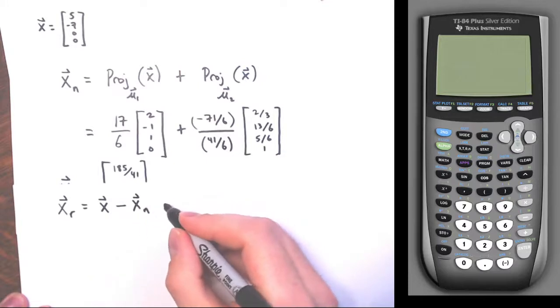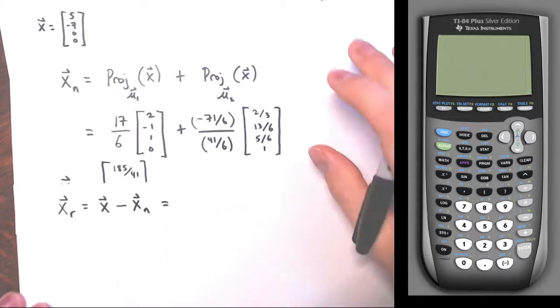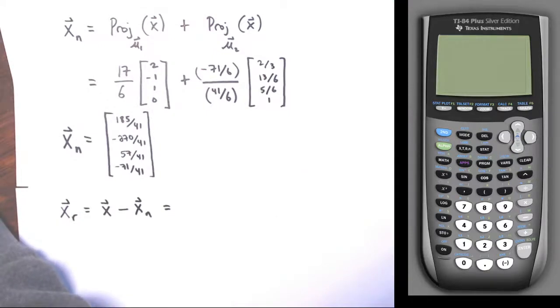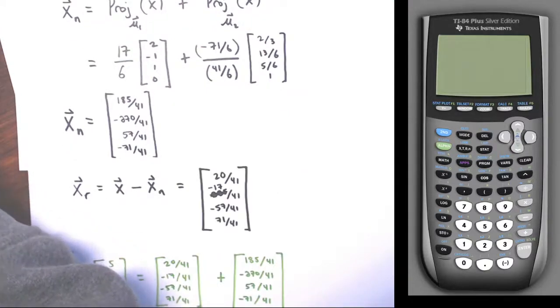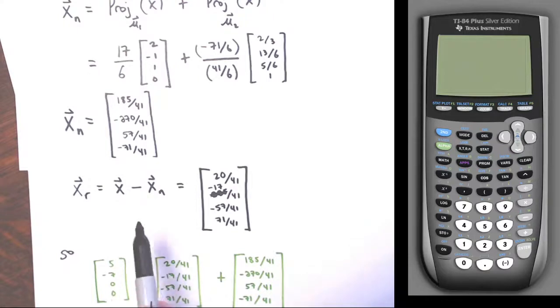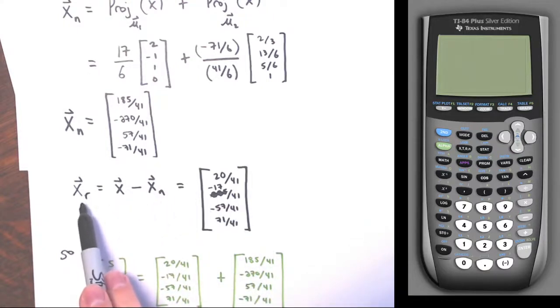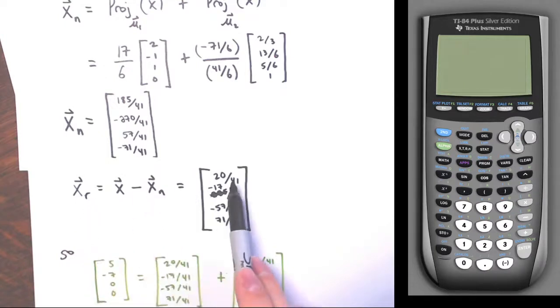Again, I'm going to pause for a second and do these calculations. Okay, so after subtracting xn from x, I'm getting the vector xr, the vector from the row space: 20 41sts, negative 17 41sts, negative 57 41sts, and 71 41sts.